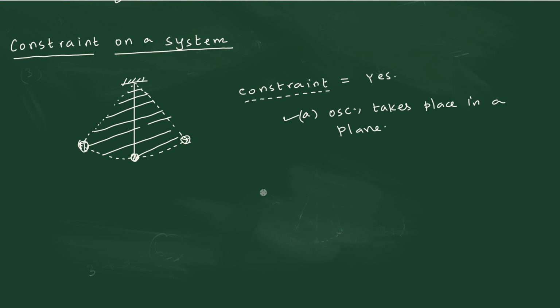That is the answer. Which means that, indirectly, the originally three-dimensional problem. What do you mean by originally? Originally means zero constraint. You don't impose any constraint. Allow the bob to go anywhere. Then x, y, z will be the three coordinates required to specify it. It is not a simple pendulum, that is okay. But you will have three variables coming into the picture, x, y, z.